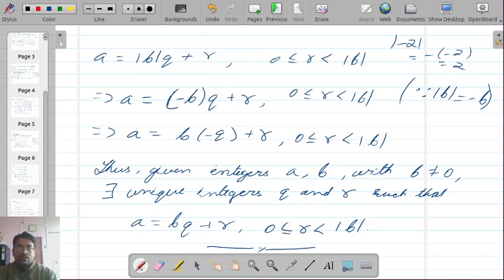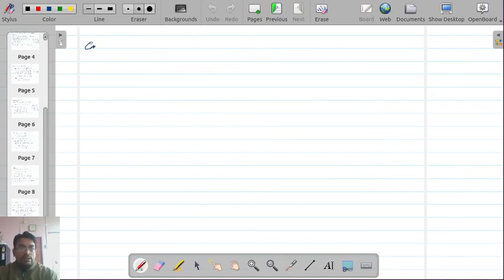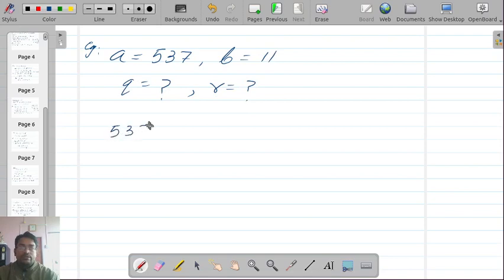For example, if we have a equal to 537, and suppose I am dividing it by 11, what will be your q and r, as per the division algorithm? You can do it mentally, you have done it in school days also.